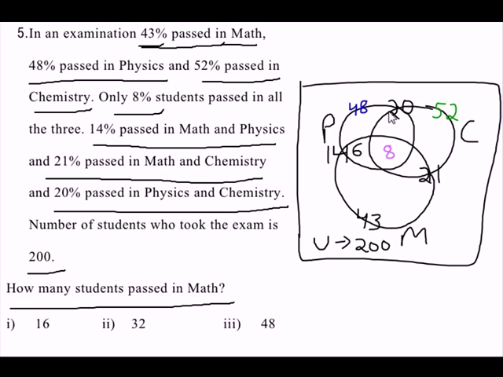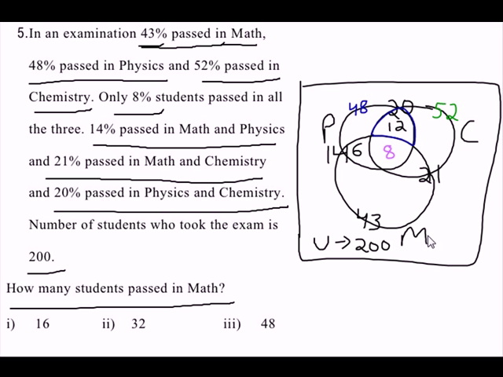So this area, let me just draw that out for more clarity. This area is 20 minus 8, which is 12, and this area represents students who passed in physics and chemistry but not in math.